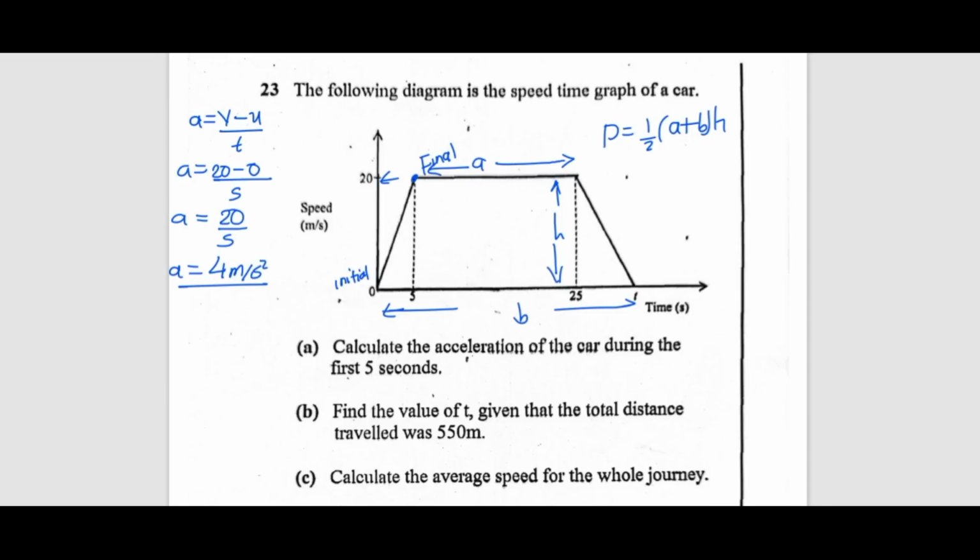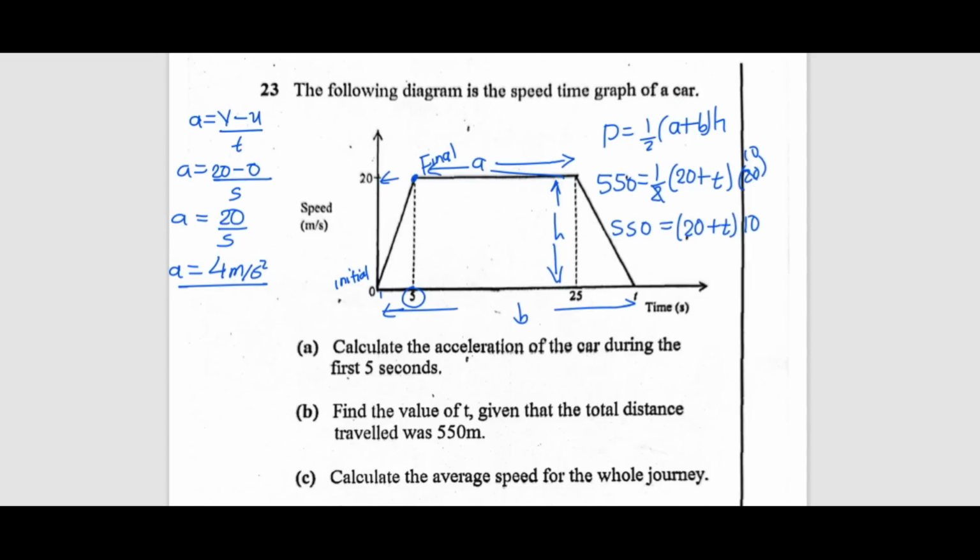So where there is D, we put 550 is equal to half. The distance for A is the distance from 5 to 25 is 20. Plus B, the distance for B is from 0 up to here, we only have t. The height is from here up to here, so we have 20. So we have 550 is equal to, 2 here is 1, 2 here is 10. So we have 20 plus t times 10.